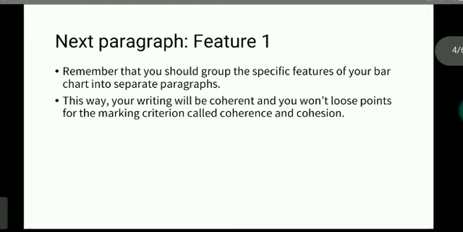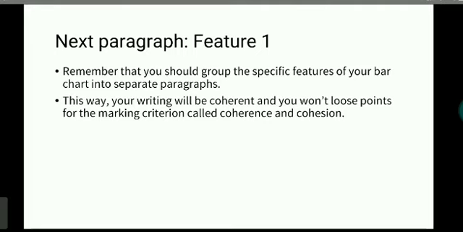So the next paragraph is feature number 1. Remember that you should group the specific features of your bar chart into separate paragraphs. So the next 2 tasks you have is you have to write specific features, feature number 1 and feature number 2.